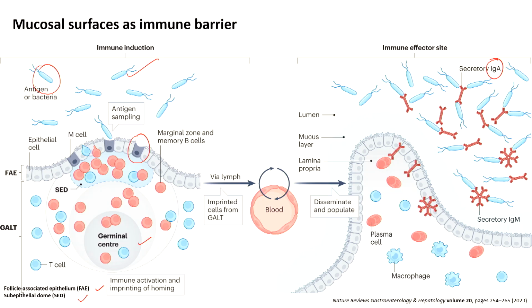These are drained through the lymph node and then function at the distant site by producing IgA in order to neutralize those bacterial populations. So we can have macrophages, plasma cells, secretory immunoglobulin. Of course, we are looking at a dimeric form of the IgA molecule, and this can perform an effector function in the alimentary canal in a very precise way.